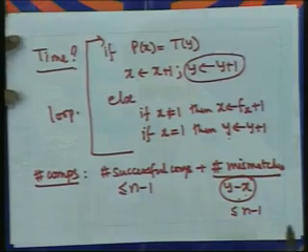The other way to see that the number of mismatches is at most n minus 1 is that each time there is a mismatch, I shift the pattern by at least 1. The number of times I can shift the pattern is at most n minus 1.